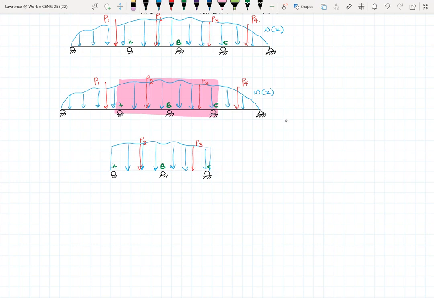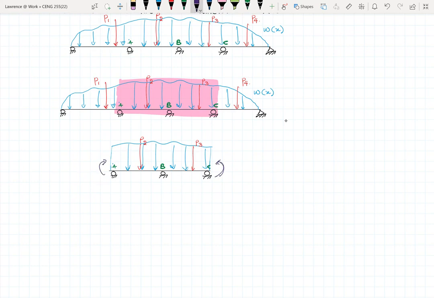You introduce moments, reactions, all of these. But our interest here is just to focus on the bending moment for now, the internal moments.